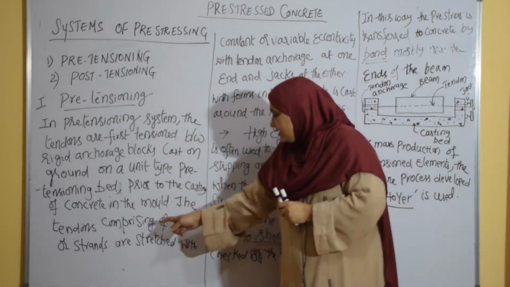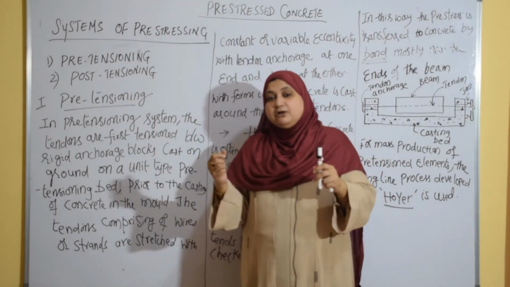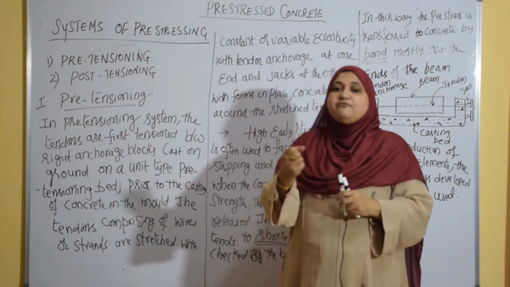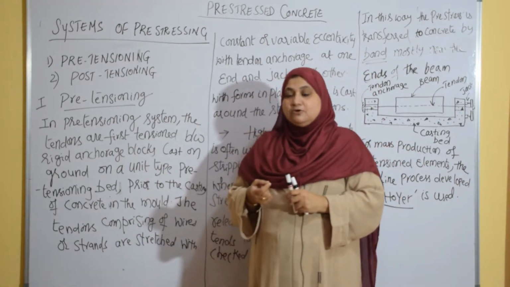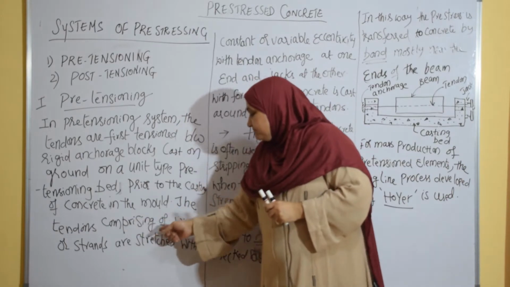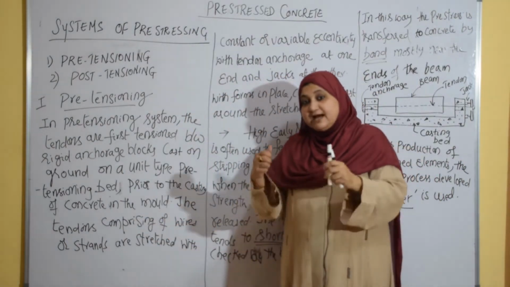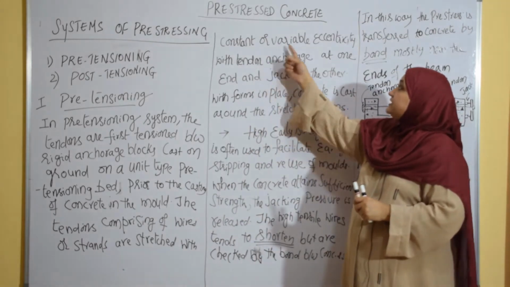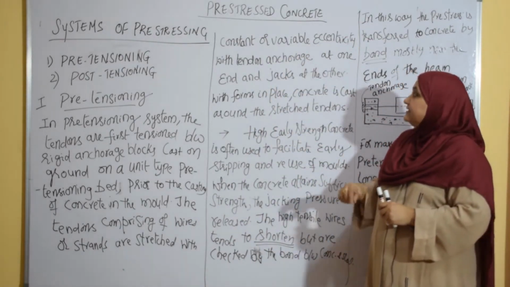The tendons comprise wires. The tendon can be a single cable or a group of wires or strands. Strands means very thin wires. The tendons comprising wires or strands are stretched with constant or variable eccentricity with the tendon anchorage.